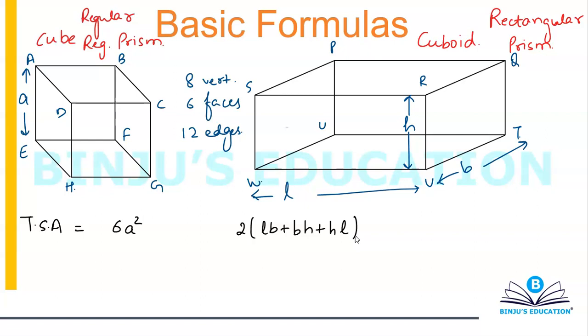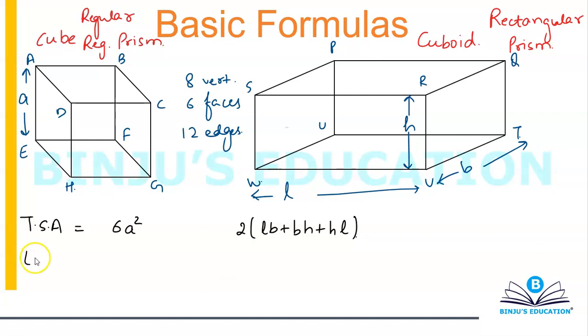A rectangle having dimensions LH, area will be L into H. Another rectangle having dimensions BH, area will be B into H. Another rectangle having dimensions LB, area will be L into B. So it will be simply LB plus BH plus HL, and since there are two faces for each one of them, it's 2LB plus 2BH plus 2HL, therefore it's twice of (LB plus BH plus HL). That's how you get it.